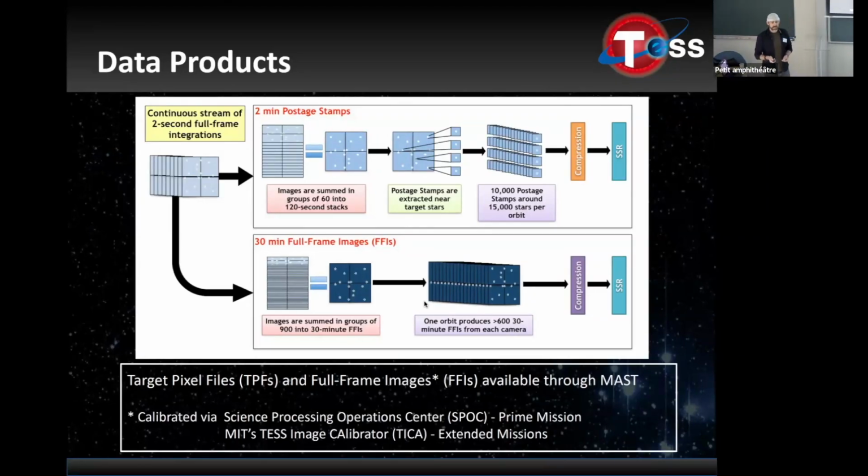In the subsequent missions, it created a lot shorter stacks, therefore a lot higher cadence. And then whenever we get the downlink with the instrument, these full-frame images are submitted to one of 2 different calibration pipelines through MIT and NASA. That'd be the SPOC pipeline and the TICA pipeline.